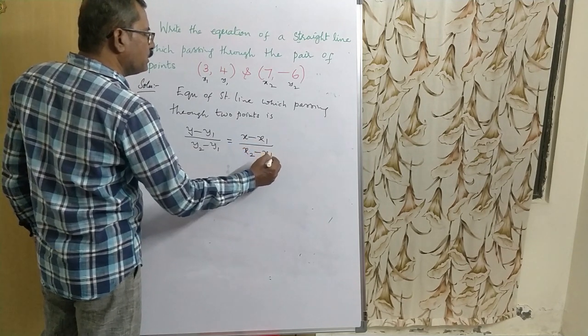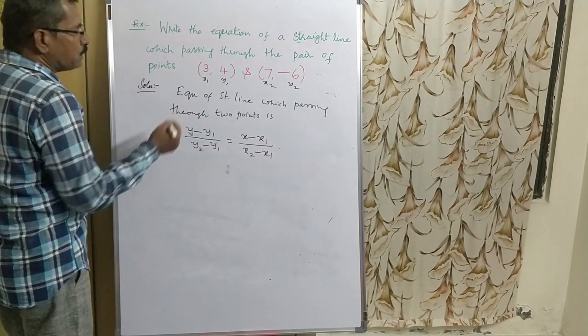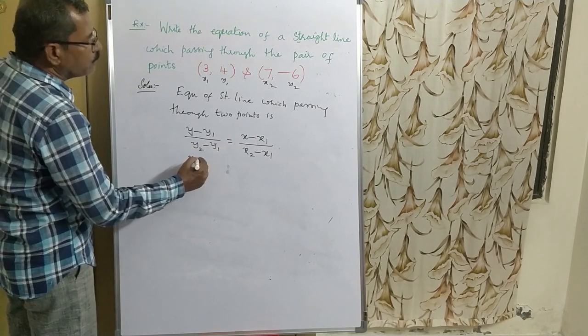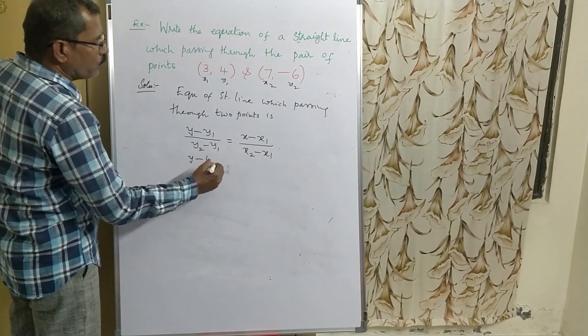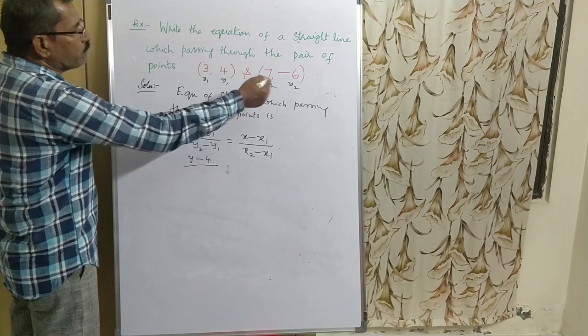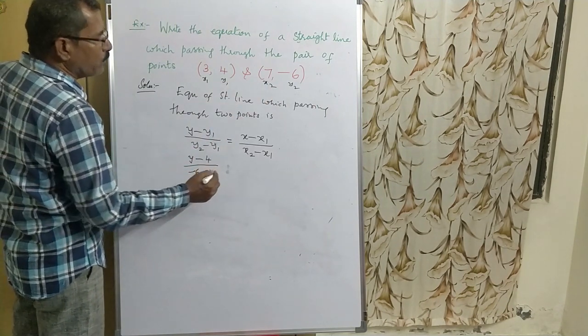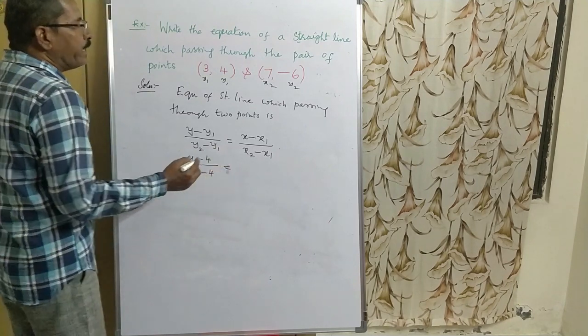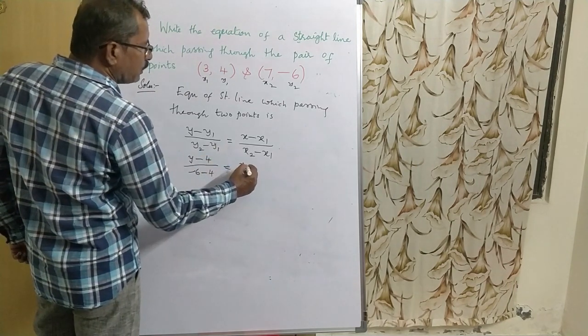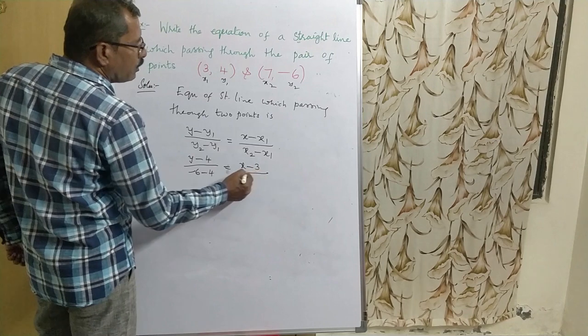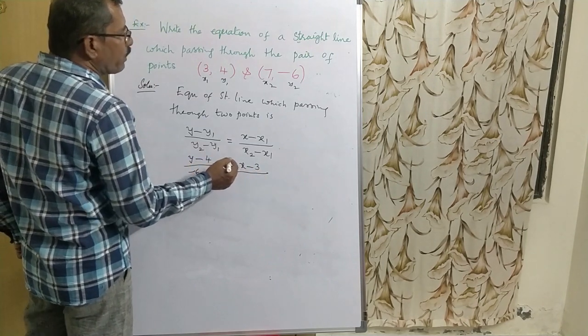See, y minus y1 is y minus 4, by y2 minus y1 is minus 6 minus 4, is equal to x minus x1, that is x minus 3, by x2 minus x1, which is 7 minus 3.